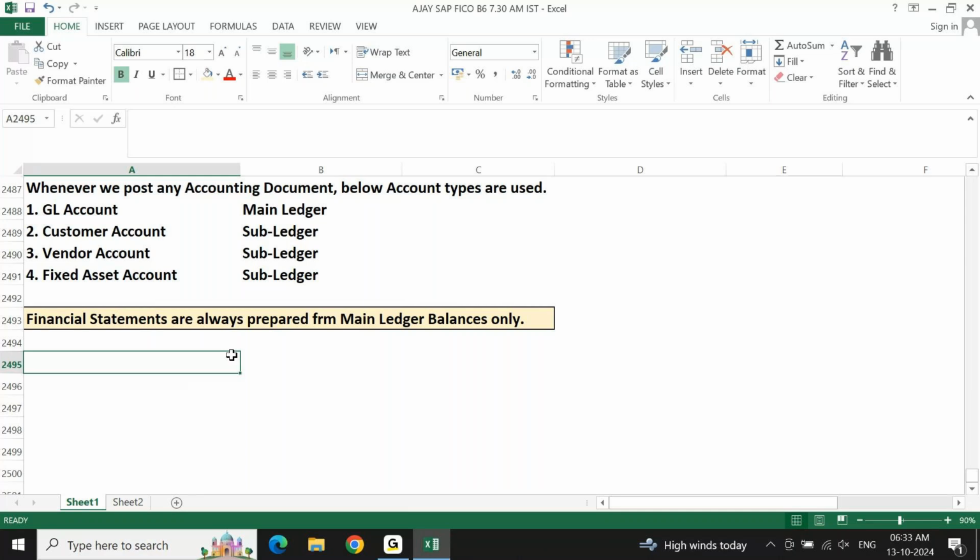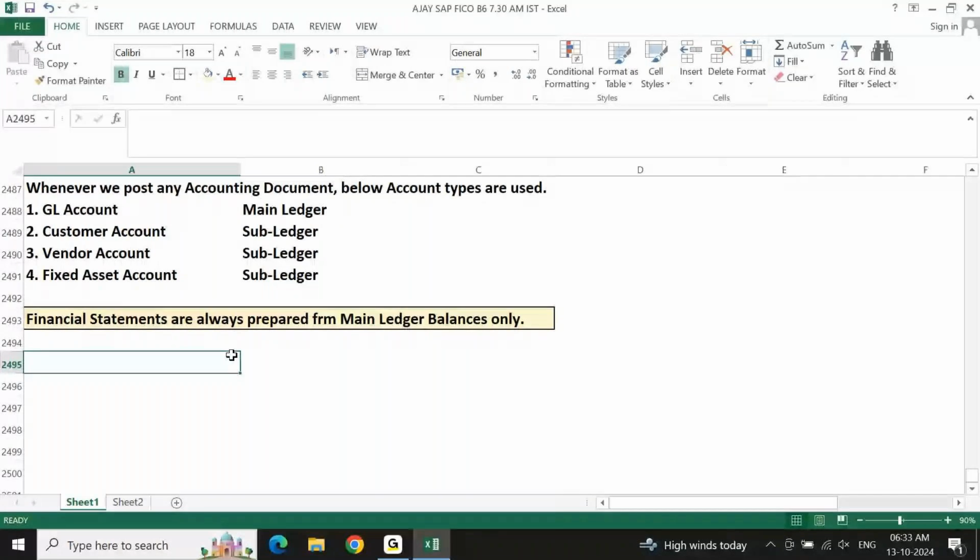When it comes to financial statement preparation, we were talking about trial balance, P&L, balance sheet. To prepare a TB, a P&L, a balance sheet, we will not be using any kind of customer account, vendor account, or fixed asset account, because these are all subledgers. Now this subledger is not taken into consideration while preparing a TB, P&L, balance sheet.